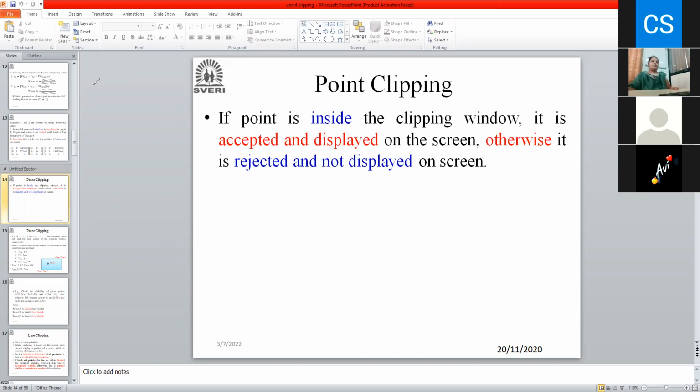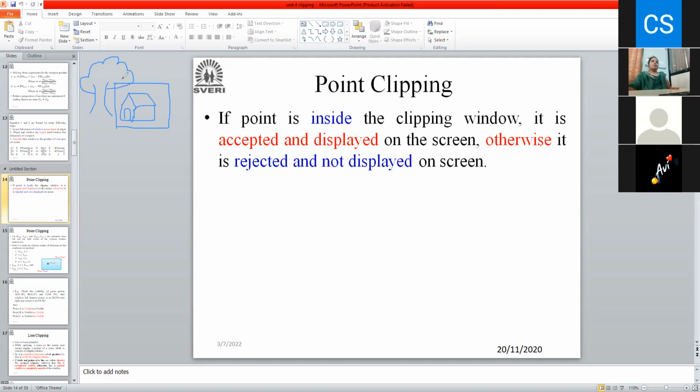So we have seen the example earlier. If it is a nature scene available, and I'm going to convert this window into a viewport, for that I am selecting the image, or we are going to select the window, which is called the clipping window here.